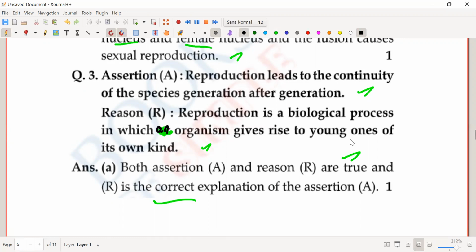Yes, both are true, and the reason for the assertion is also right.